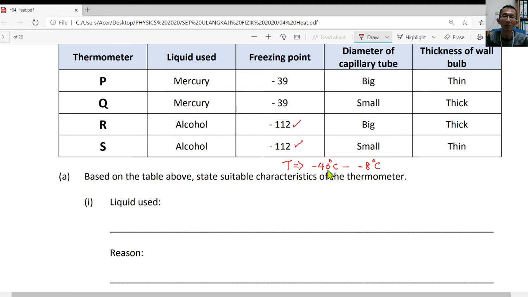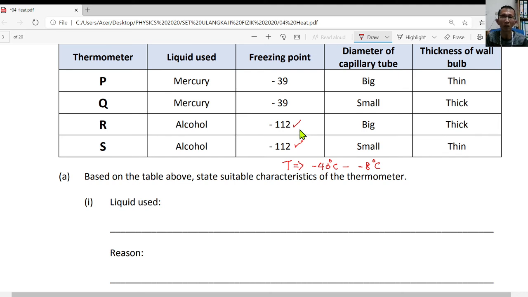That is the surrounding temperature at the North Pole. If I choose negative 39, mercury will be frozen, so you are not going to be able to use the thermometer. That's why we need to use alcohol, because the freezing point is lower.